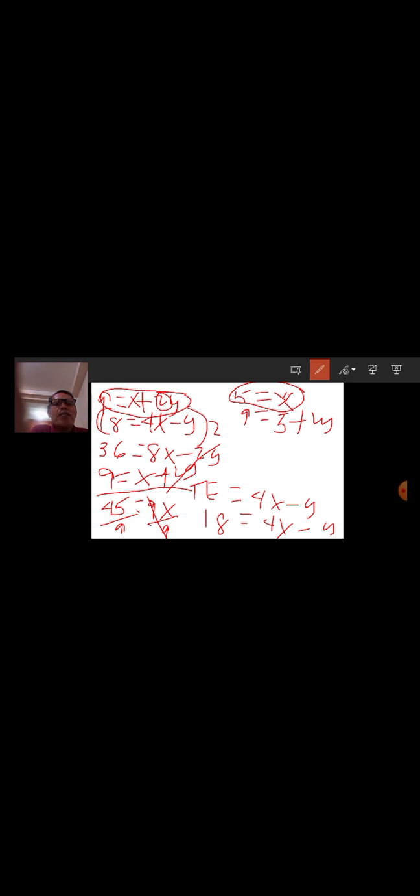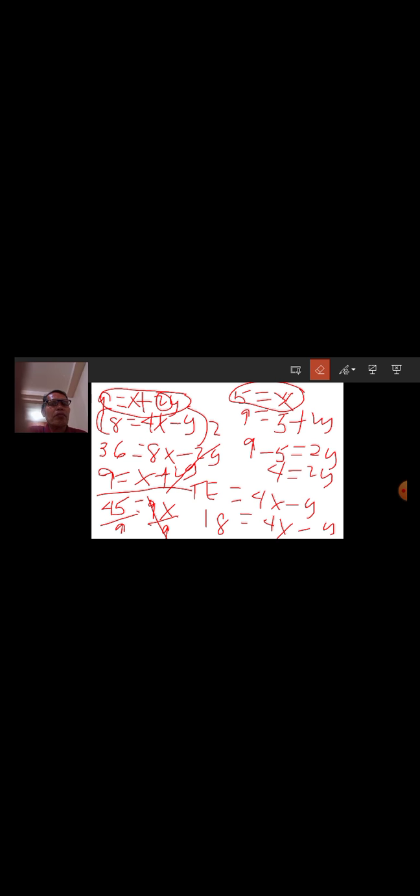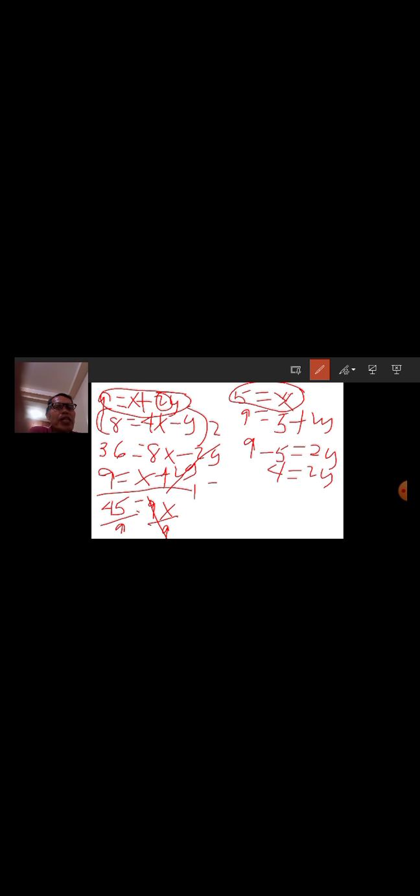Then transpose 5 to the other side, it becomes 9 minus 5 equals 2y. Then 9 minus 5 is 4 equals 2y. Therefore, dividing the equation by 2, 4 divided by 2 is 2 equals y. So the value of y is 2 and the value of x is 5.